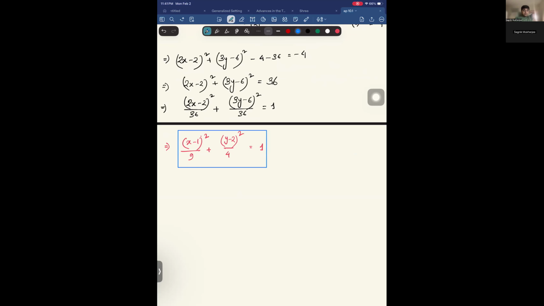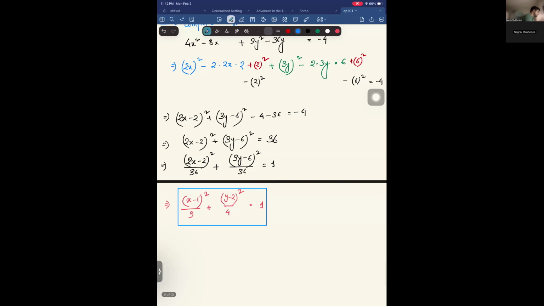Now I have to figure out which one is major axis and which one is minor axis, right? As you know, that the major axis is always, just a moment. Okay, so now let's go back to the equation.